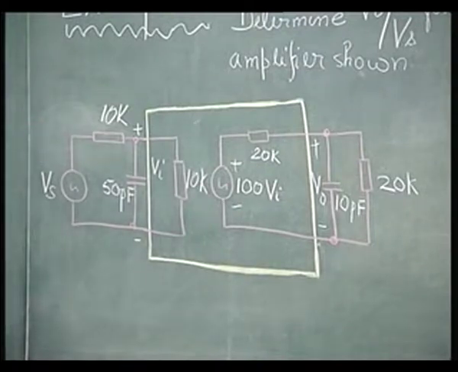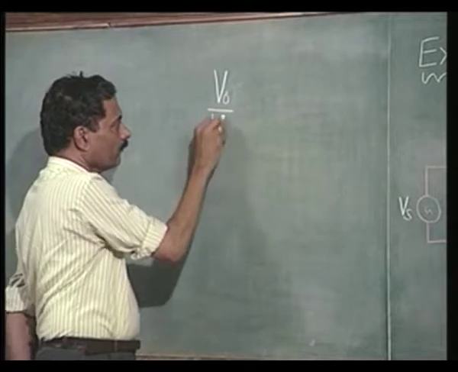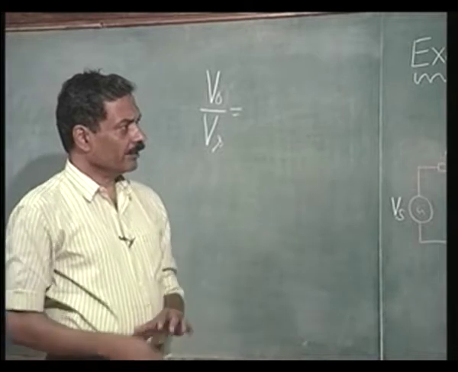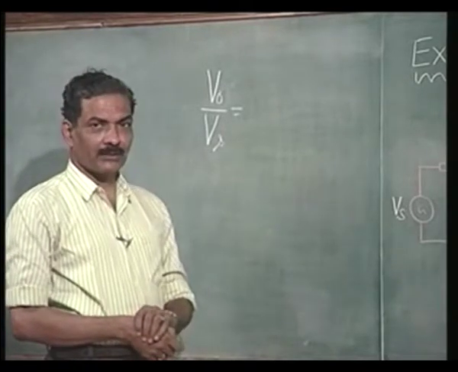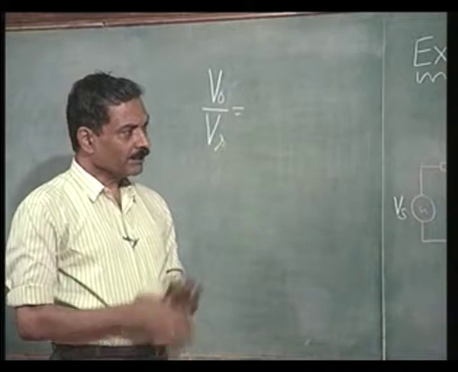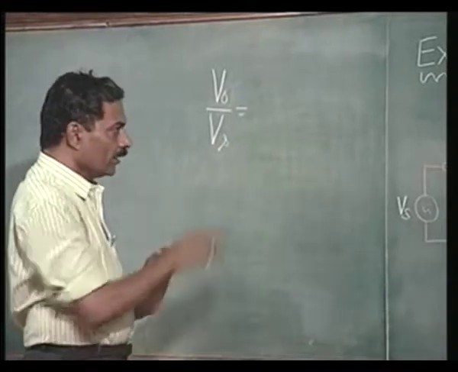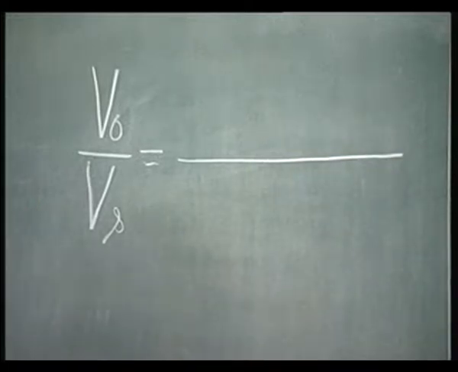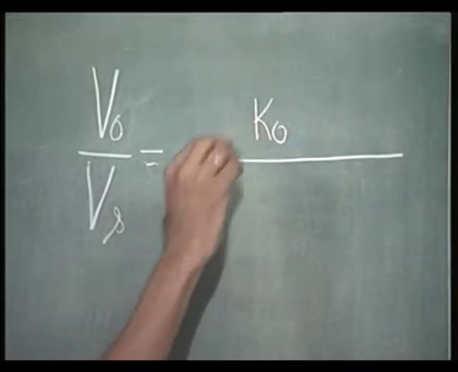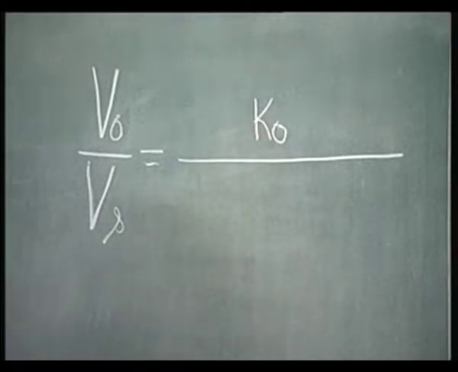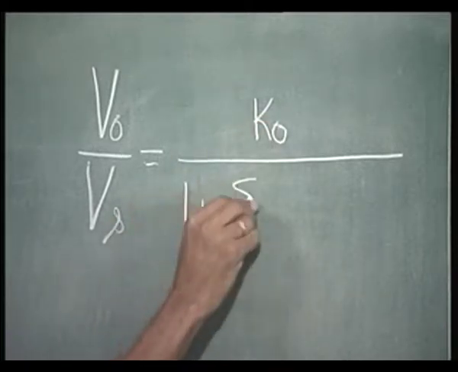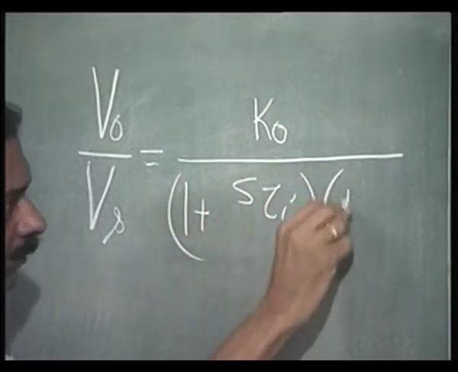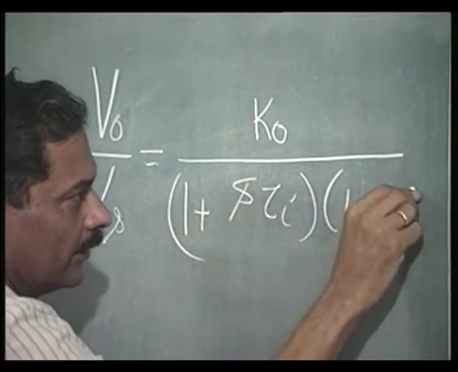Now, you can write down the different loop equations etc. and solve it, but I would like to solve this by just observation. In all these cases, I have told you that the amplifier gain comes out as K0, which is independent of frequency, divided by (1 plus S tau I) times (1 plus S tau naught).